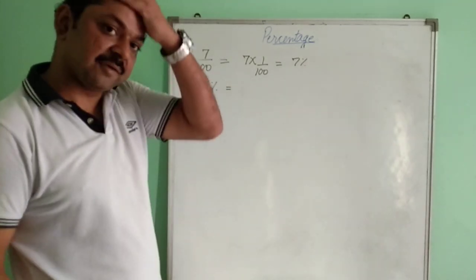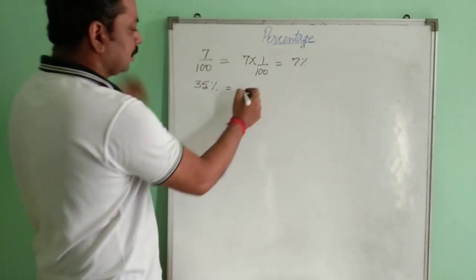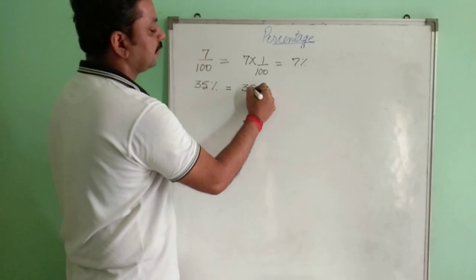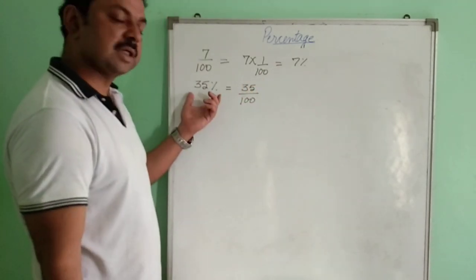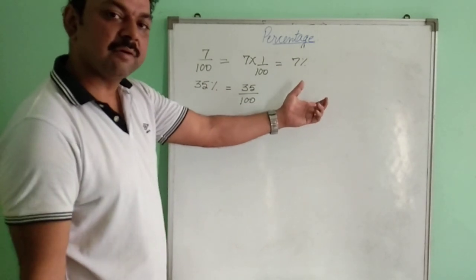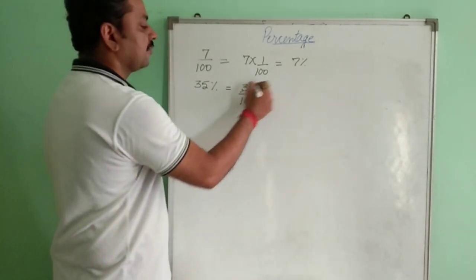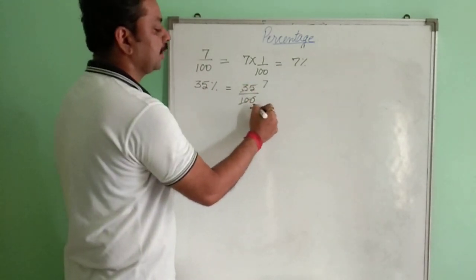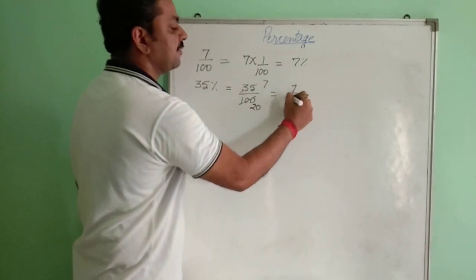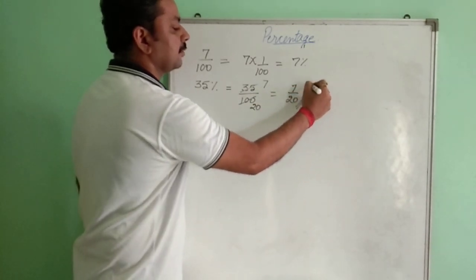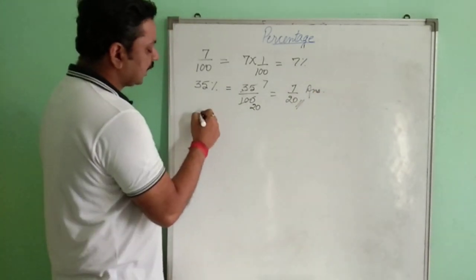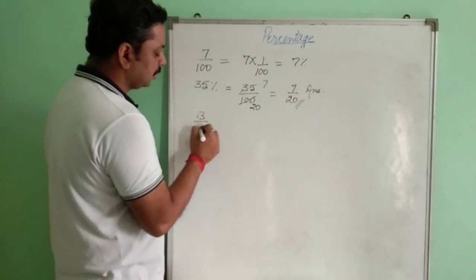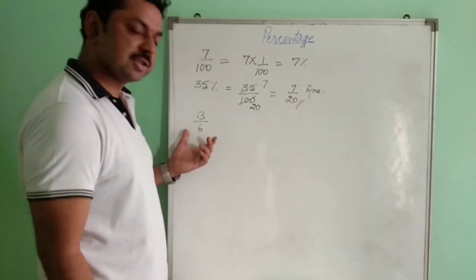If you have 35%, then 35 upon 100. Clear? This is the percentage and you need to convert it into a fraction. 5 7s are 35, 5 20s are 100. You will get 7 upon 20 as your answer. Clear?